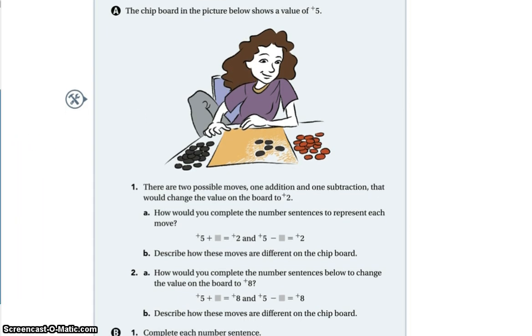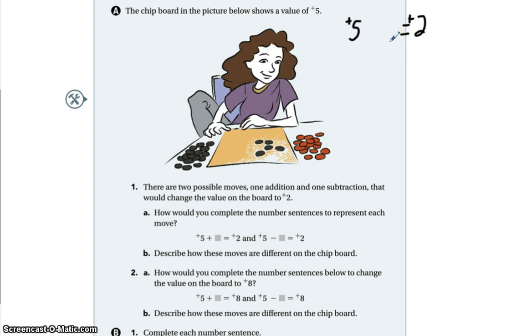So question 1 says, there are 2 possible moves, one addition, one subtraction, that would change the value on the board to a positive 2. So let's take a look at that real quick. If we had a 5, how could we change it to a positive 2? Okay, so what could I do here? So we have a positive 5 to a positive 2.